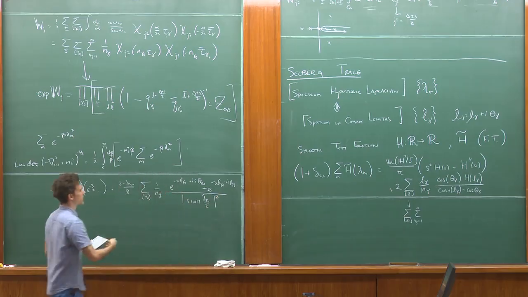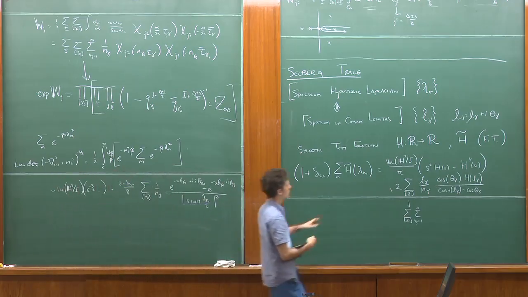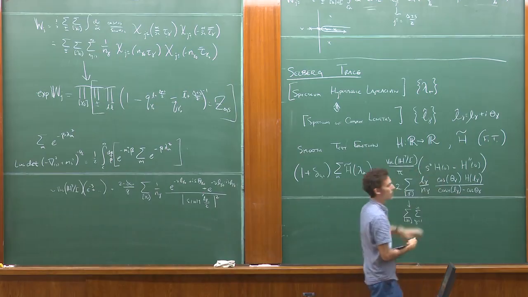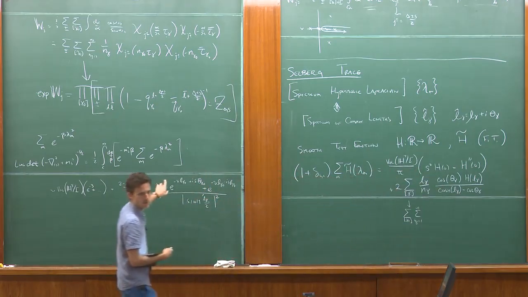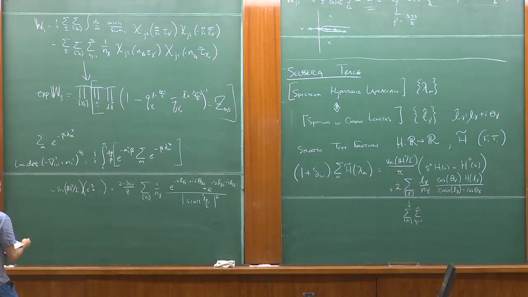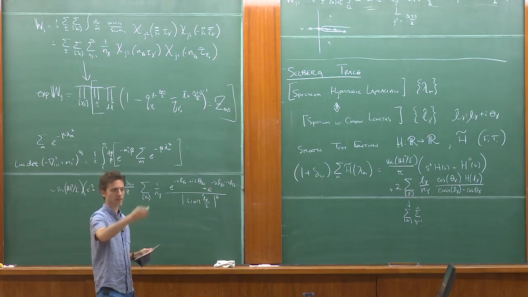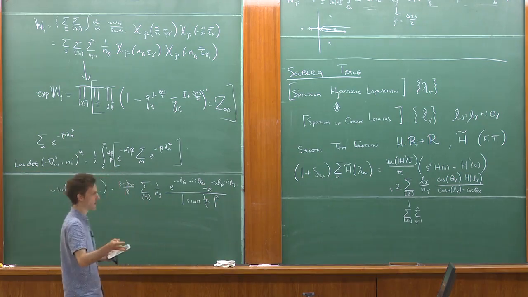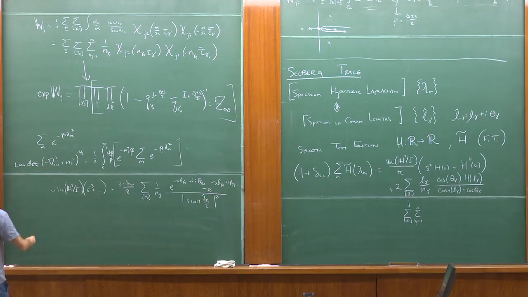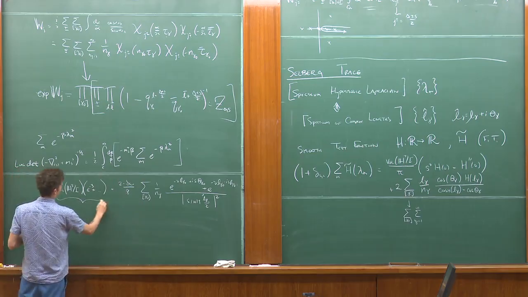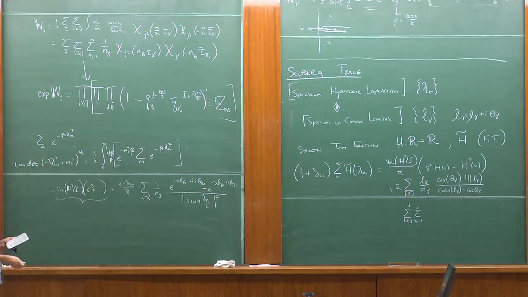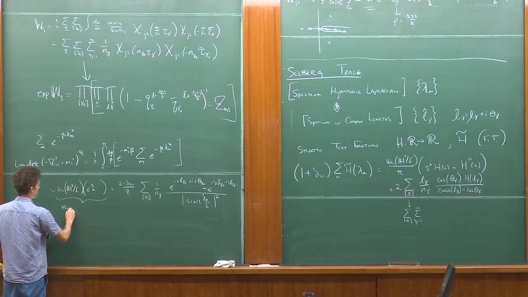There's this term here, which when you evaluate it is going to give you polynomial divergences in epsilon, proportional to the volume of the manifold. If you like, this comes from contractible world lines, the ones that can shrink to zero size that Shiraz mentioned before. We're going to take the perspective that these can be dealt with by choosing some renormalization condition. At this point, we're just going to minimally subtract them.